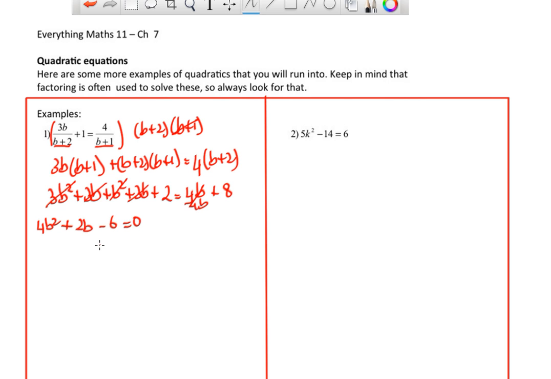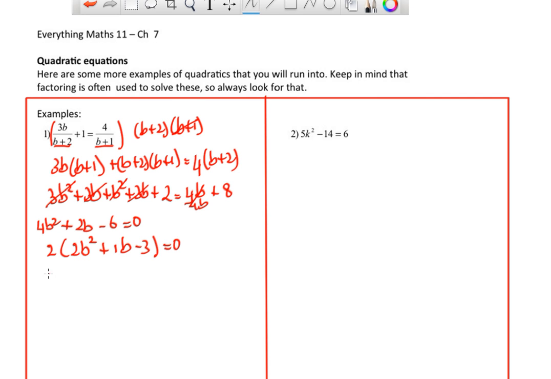Okay, so now we need to look at how do we factor this. First thing is that they all have a 2. Although you'd still end up with the right answer even if you didn't take the 2 out, it's just a good habit to look for common factors.